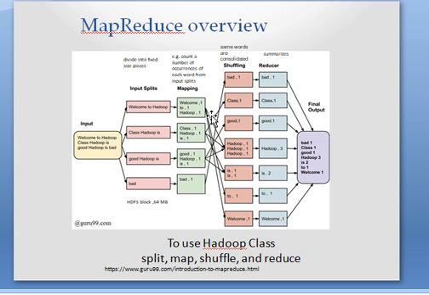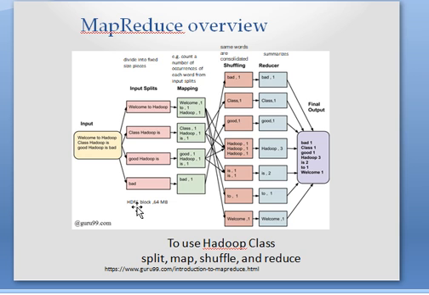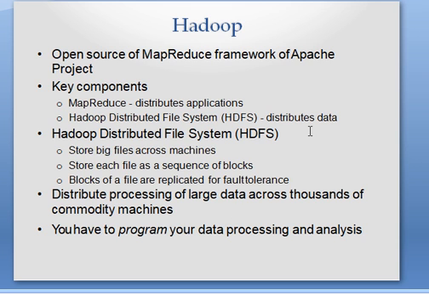We mentioned Hadoop here because we use the Hadoop cluster to achieve MapReduce. So what is Hadoop? Hadoop is an open source framework, and it has a key component, which is MapReduce. We have just seen the basic function of that. And also the Hadoop Distributed File System, HDFS, which is the one I have just mentioned, the block and the size of the block, which is to distribute data.